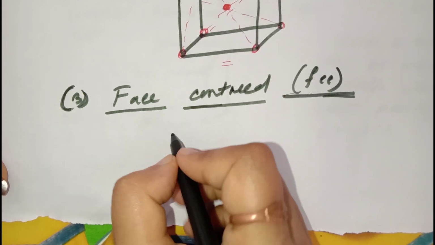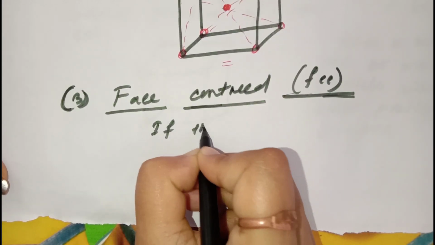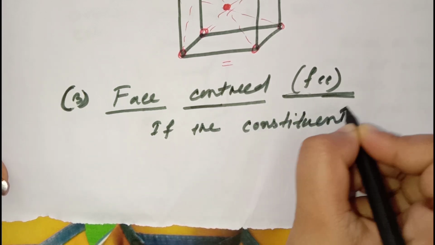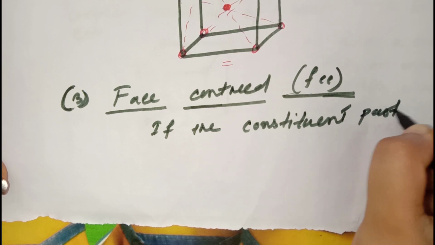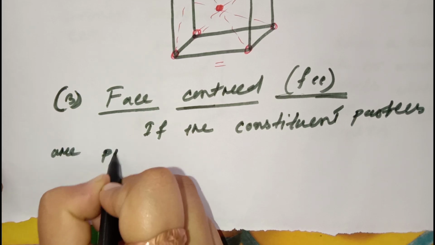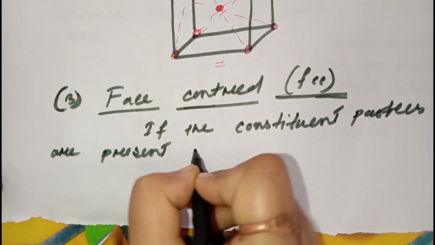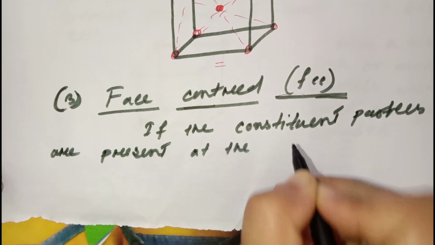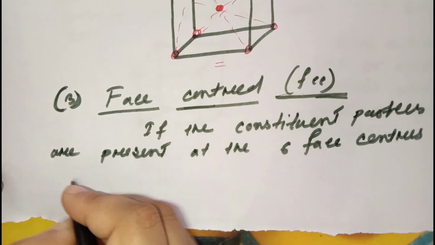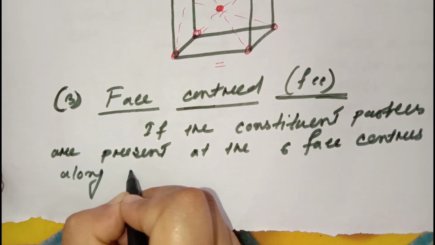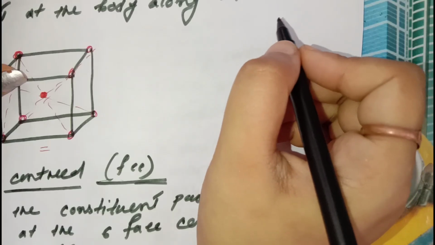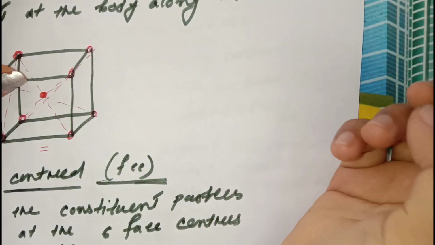So definition is, if the constituent particles are present at the 6 face centers along with corners, so this is known as the FCC unit cell.